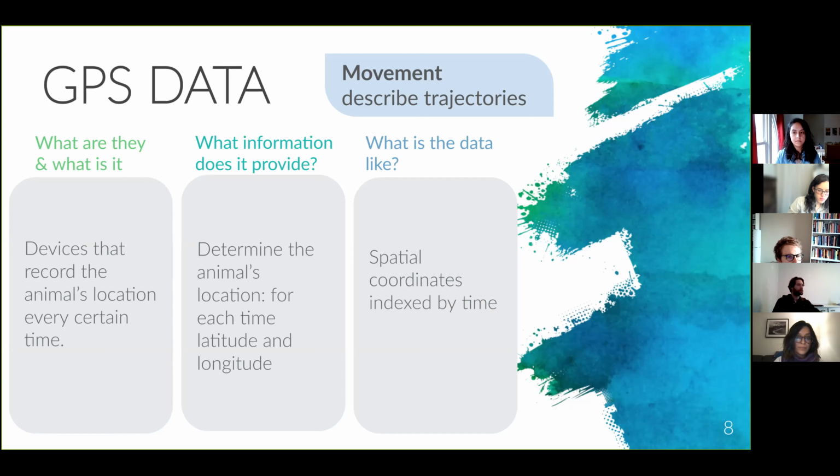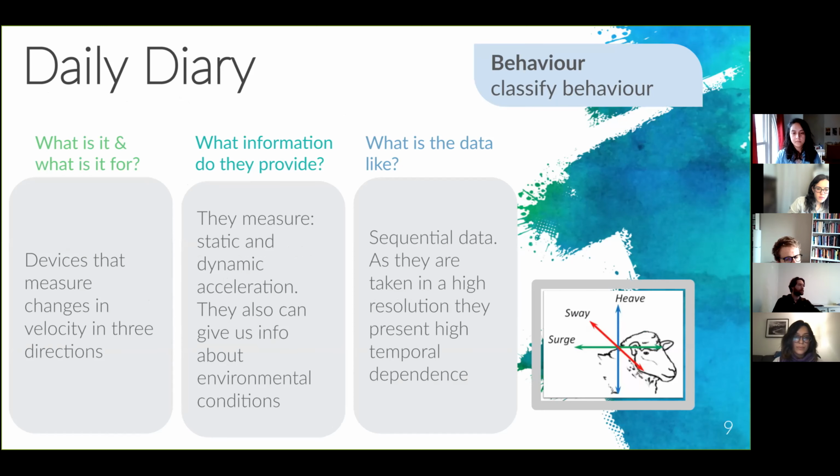And then here in Bariloche, we also use these devices that are called daily diaries. The daily diaries are devices that measure, well, several things. They measure acceleration, magnetic field, and they also measure some external characteristics of the animals. In our case, we have information about the altitude and the temperature of the environment.